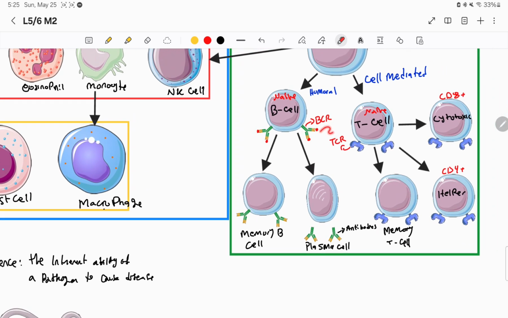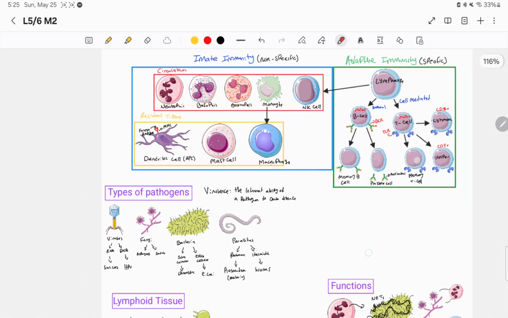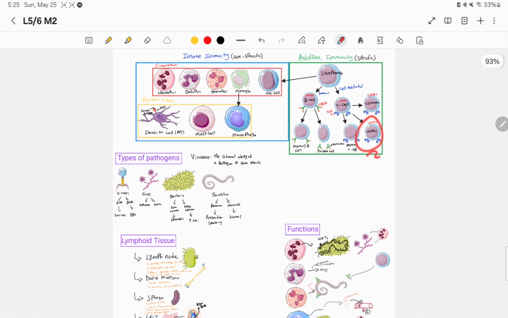When the B cell receptor sees its antigen, right, that it's specific to, it will become activated. And what happens next is that it actually becomes partially activated, and it waits for a secondary activation signal from a T helper cell. And then the T helper cell will come and tell it, okay, listen, you're good to go. You're good to become a plasma cell, right? And then it can become an antibody-producing plasma cell, okay? So this is one of the functions of the T helper cell.